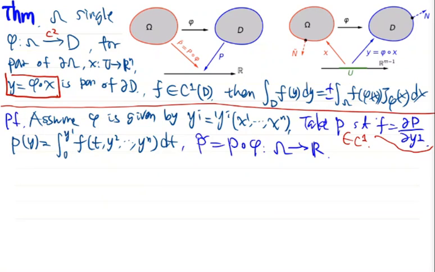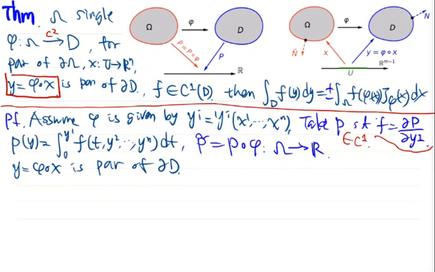Now, once you have a parametrization of a surface, you can write down the normal vector. Y equals phi of x is a parametrization of the boundary of D by our assumption.